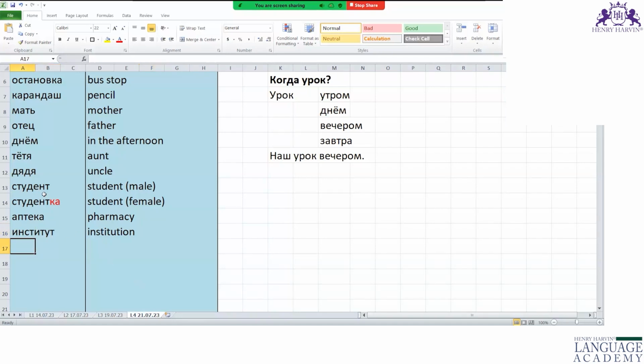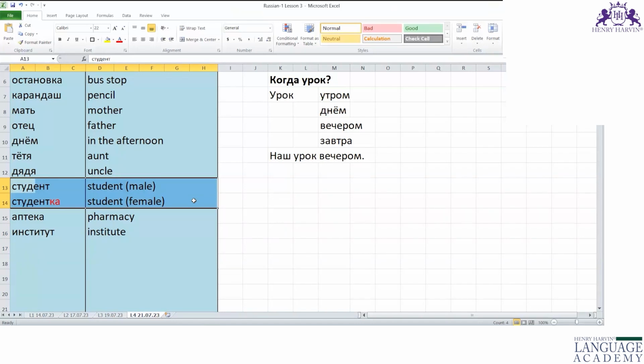Institute. And also you can say any educational institution, right? It can also be in this meaning, institute. Like, student учится в институте. The student studies in the institute. One more thing about student and studentka, we use these words only for grown-up students, for students who go to college, okay?